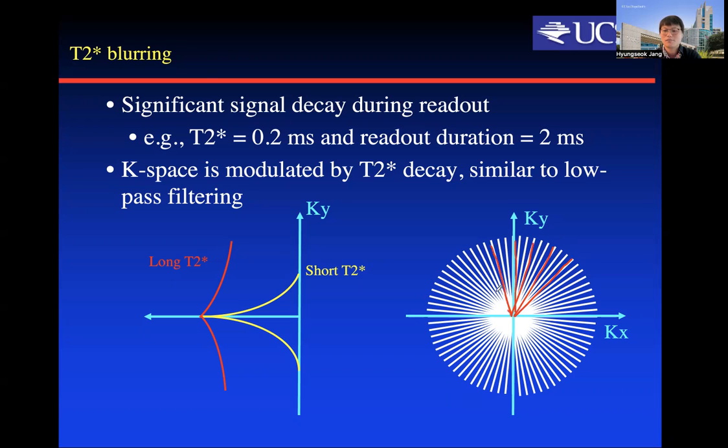The readout typically takes time to get to a certain k-space location. So this speed of encoding, or the efficiency of encoding, depends on the readout gradient, how strong the gradient is, how fast you ramp up the gradient, and the hardware performance of the MRI system.